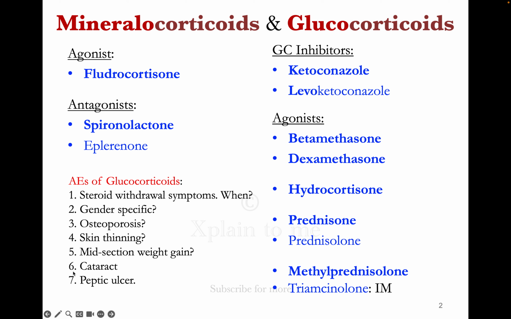Then midsection weight gain. Of course, total weight gain is common during this therapy. The reason is the body tries to make glucose, amino acids and lipids available for the body's use. The body is thinking, oh my god, it is a very stressful situation or emergency, that is why the body has a lot of cortisol.